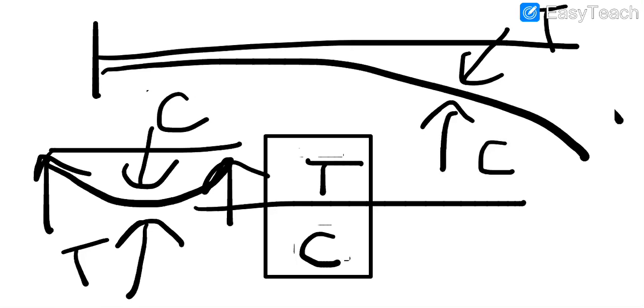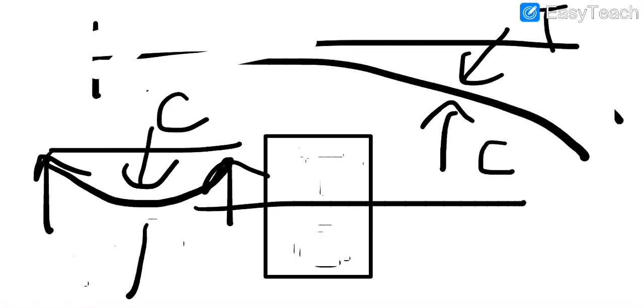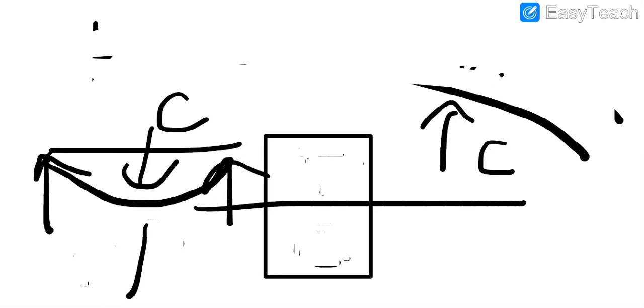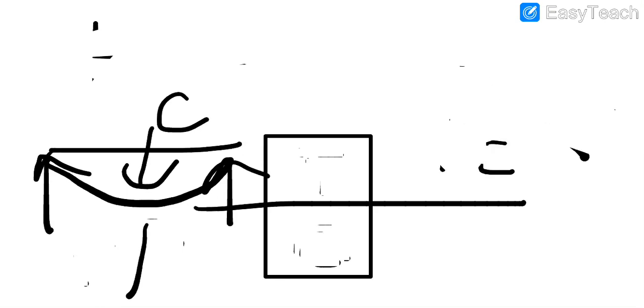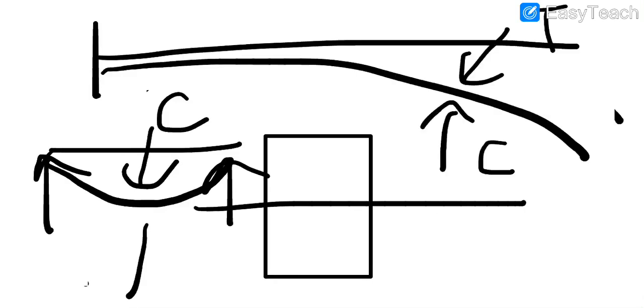As we know, the steel reinforcement is provided in the tensile zone. So where will the steel reinforcement be provided? Either above the neutral axis or below the neutral axis. Yes, obviously we'll be providing the steel on the upper side of the neutral axis. So we have done this.